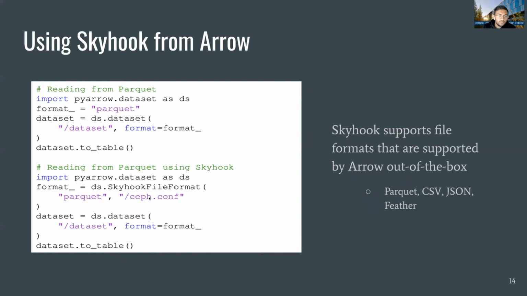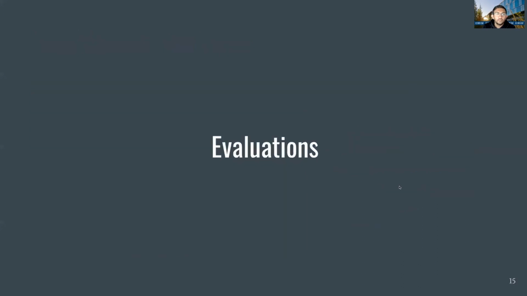What we need to do is wrap the Parquet file format with the Skyhook file format. Instead of providing Parquet, we just provide this Skyhook file format in the dataset API, and that's it. We can go ahead and scan files by offloading them to the storage layer. And since Skyhook is tightly using Arrow, we can support scans of any file format that Arrow supports out of the box, such as Parquet, CSV, JSON, Feather, etc.